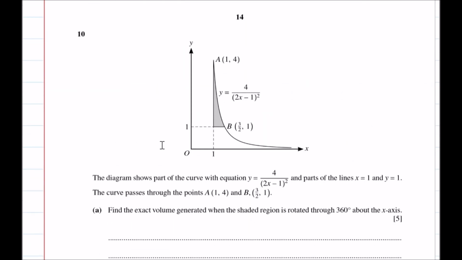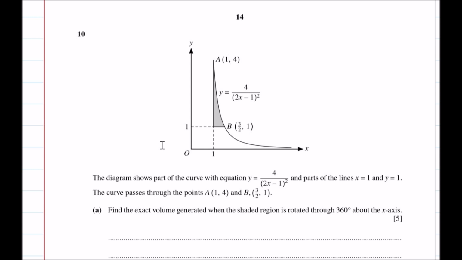Question number 10. It says the diagram shows part of the curve with the equation y equal to 4 by 2x minus 1 whole square and parts of the lines x equal to 1 and y equal to 1.